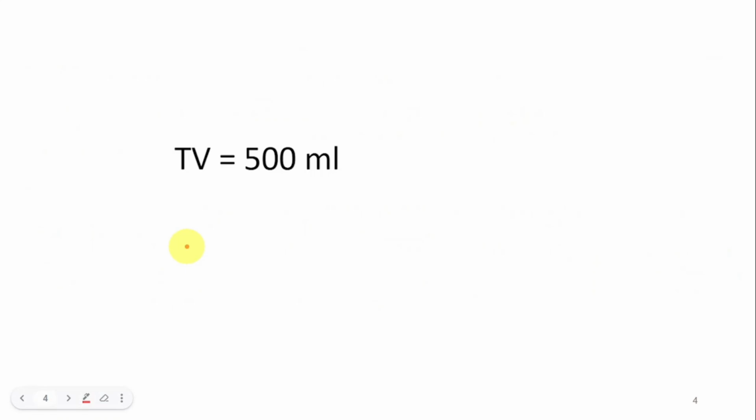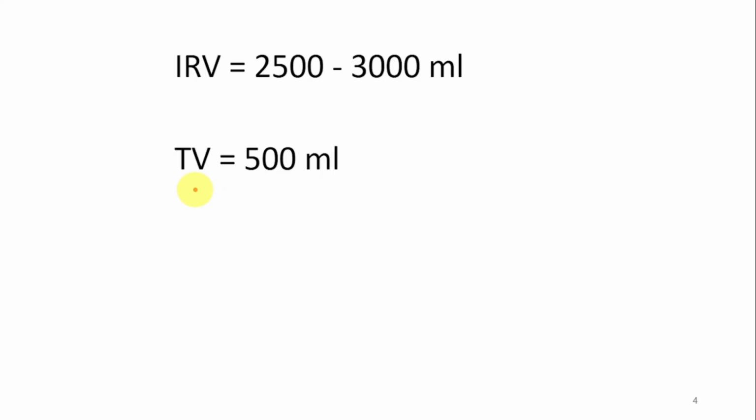So we learned about tidal volume, the volume of air which one can inspire or expire in normal respiration. It is 500 ml. Next, inspiratory reserve volume is additional volume of air one can inspire by forcible inspiration, 2500 to 3000 ml.